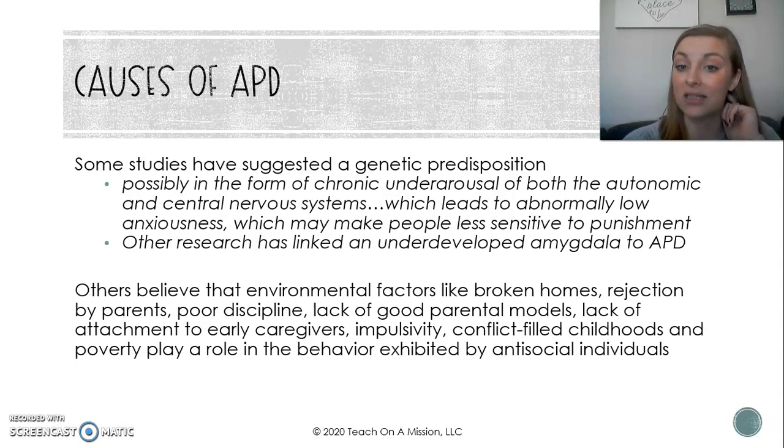Other research has linked an underdeveloped amygdala, which would decrease that fear or anger response. And then others believe that environmental factors like broken homes, rejection by parents, poor discipline, lack of good parental models, lack of attachment, impulsivity, conflict-filled childhoods, and so on, all of those would play a role in someone developing antisocial personality disorder. In reality, it's probably a mixture of both, right? Nature and nurture are both playing a role.